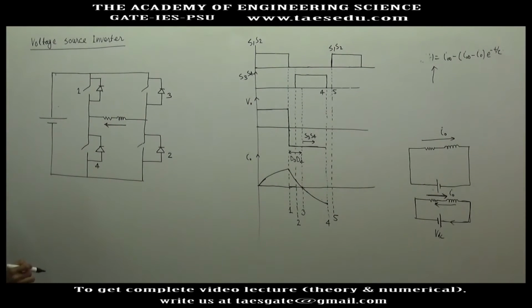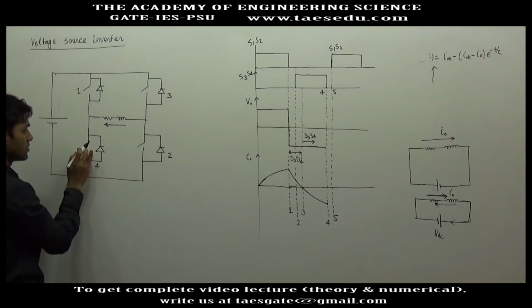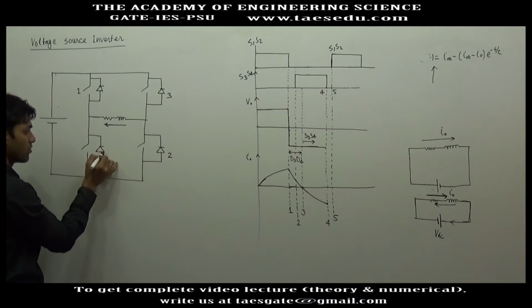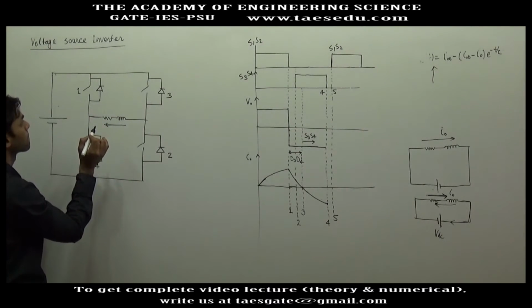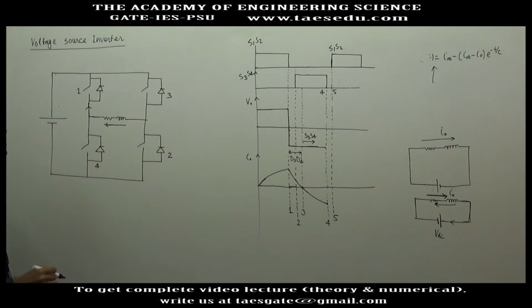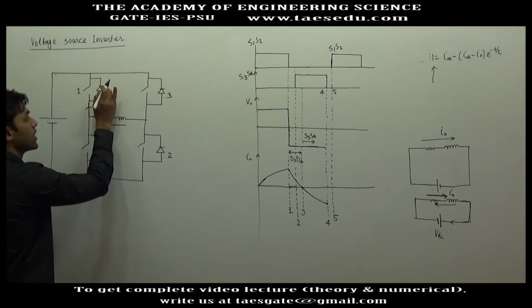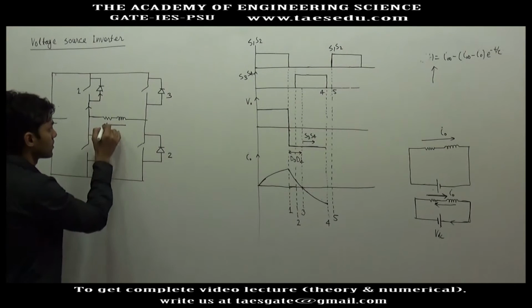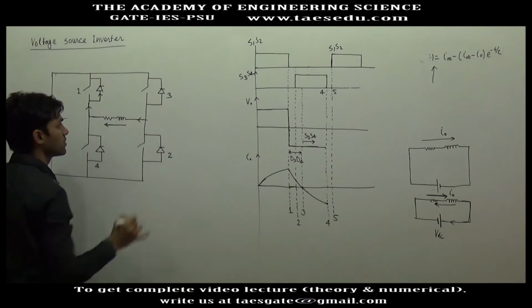But S3 and S4 are now disconnected, and inductor current has to flow in this direction. So what will be the path for this direction of current? This switch is disconnected and diode will not support. This current will go in upward direction. Switch S1 is disconnected, so the current will take the path of diode 1. If current is flowing in this direction, it has to come from this.